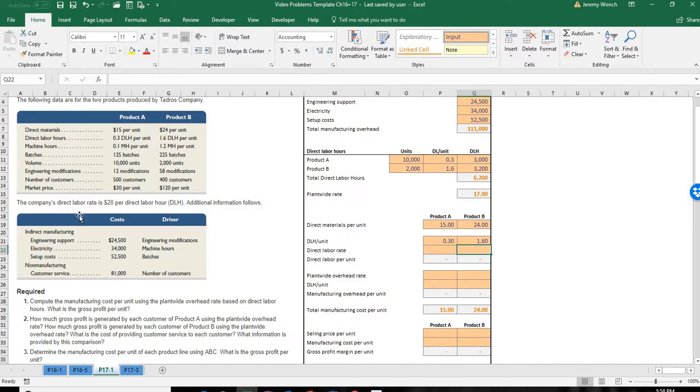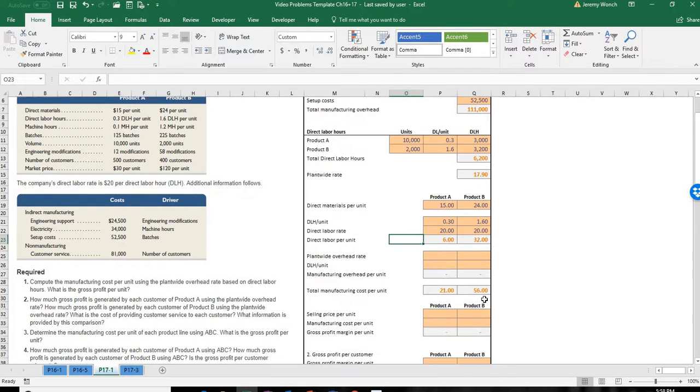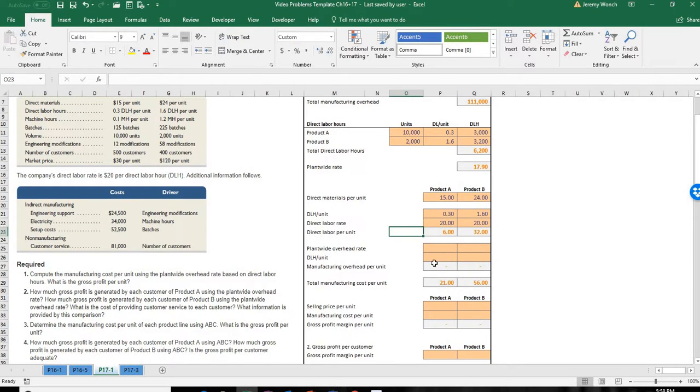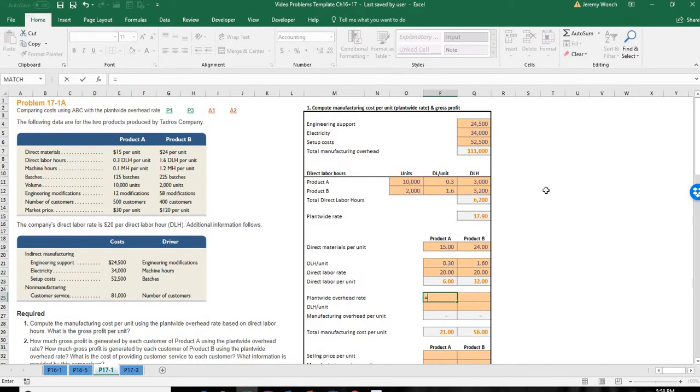Then it tells us that our direct labor rate is $20 an hour. So that means we're going to add direct labor per unit of $6 for product A and $32 for product B. And now we want to plug in our plant-wide overhead rate, which we calculated right here.